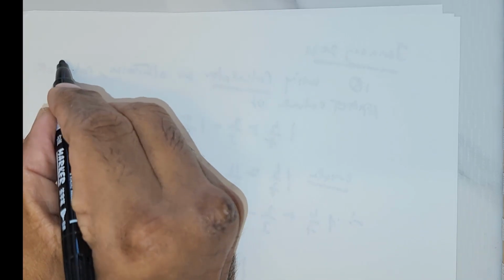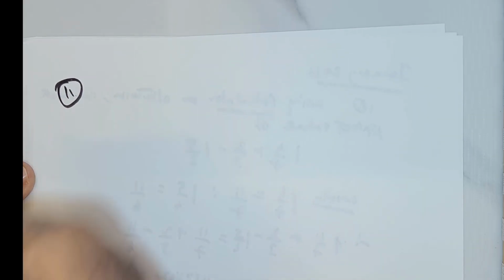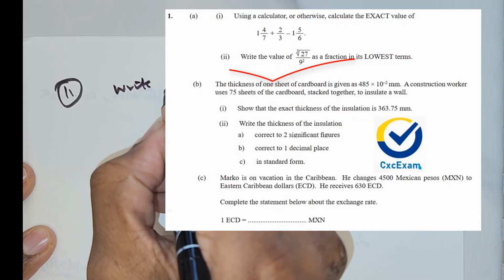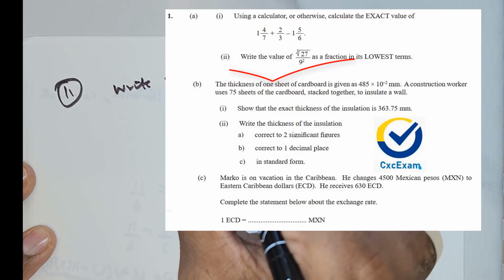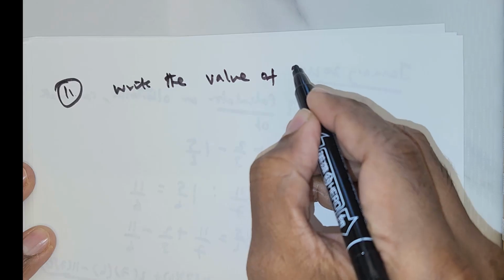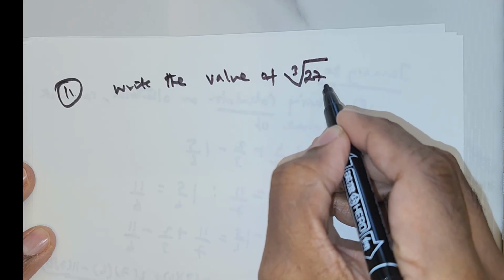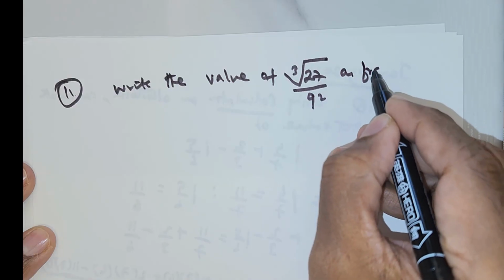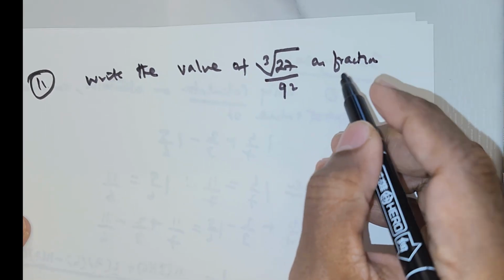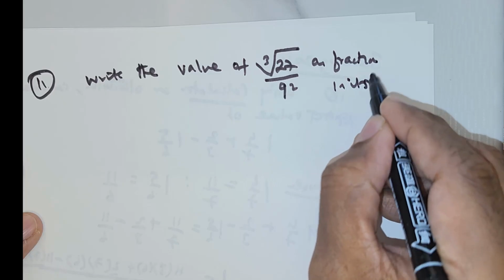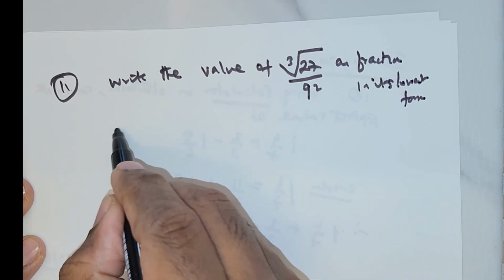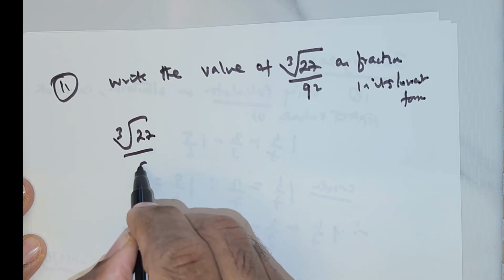This is question number 1, subdivision 2. They are asking us to write the value of the third root of 27 divided by 9 squared as a fraction in its lowest form. So foremost, third root of 27 over 9 squared.